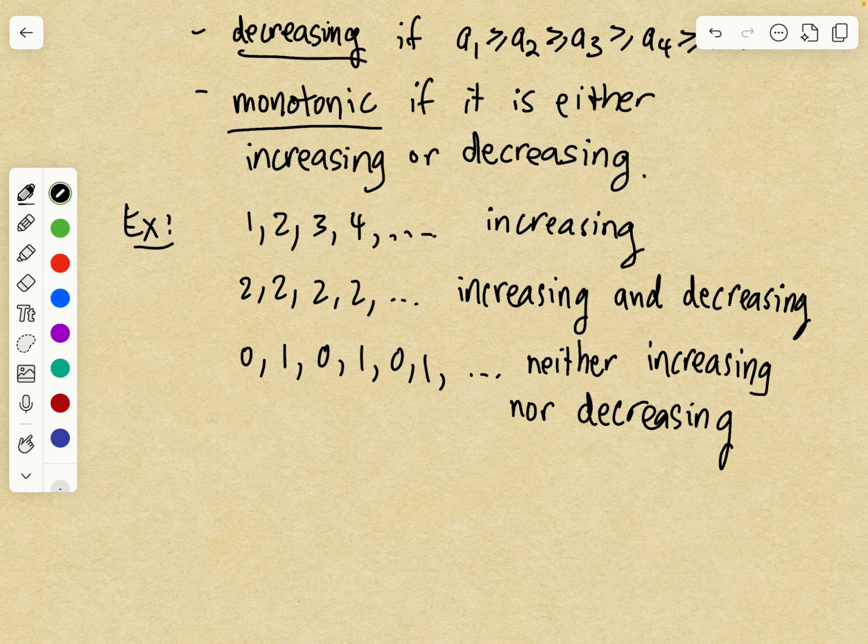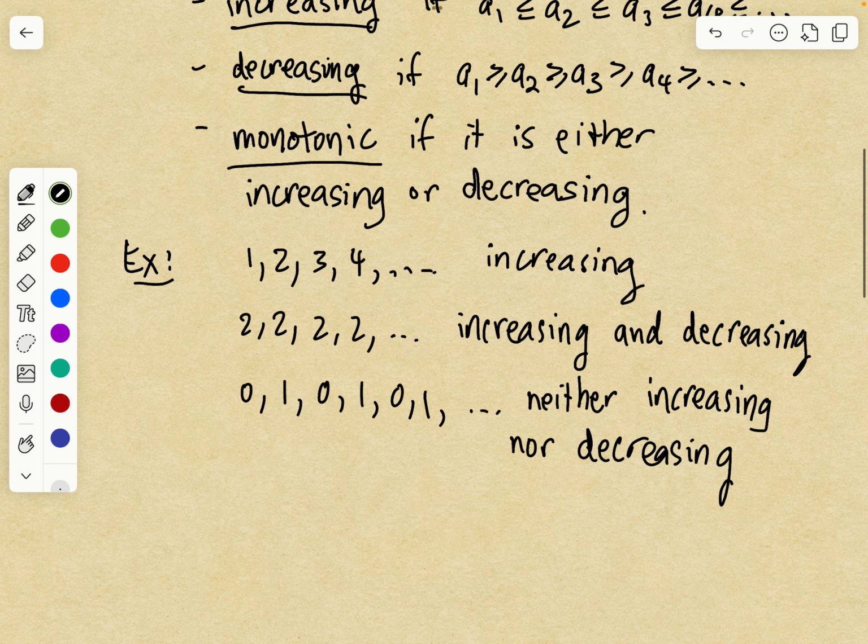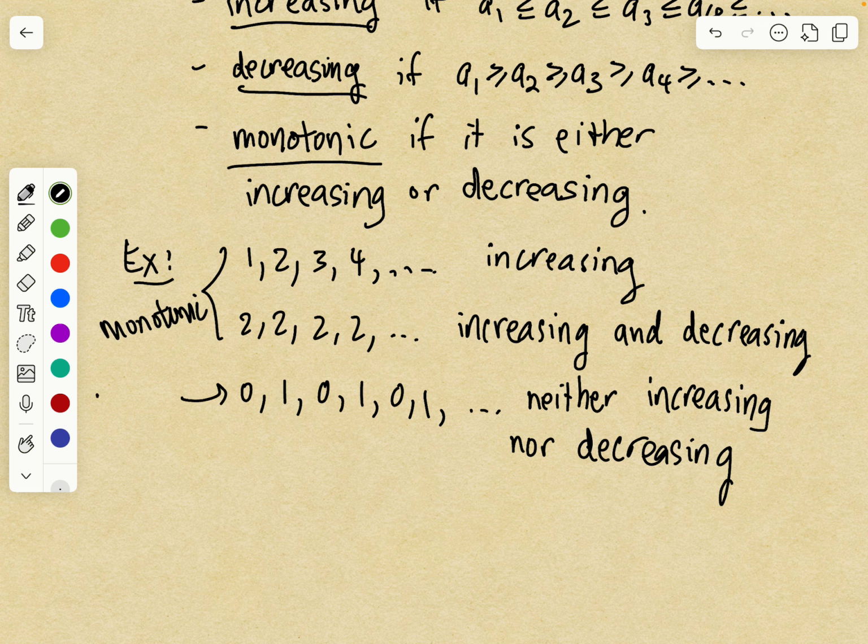So don't think, well, it increased from 0 to 1, and then it decreased from 1 to 0, and then increased and decreased, so it must be increasing and decreasing. That's not true. If you read the definition, the sequence doesn't satisfy either of these requirements. So these two sequences are monotonic. That one is not monotonic.